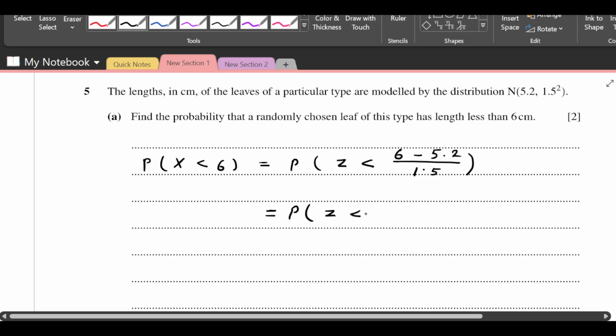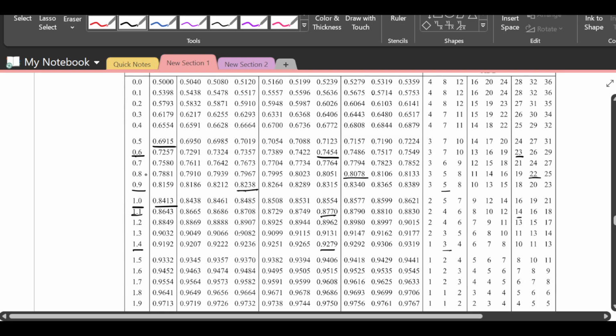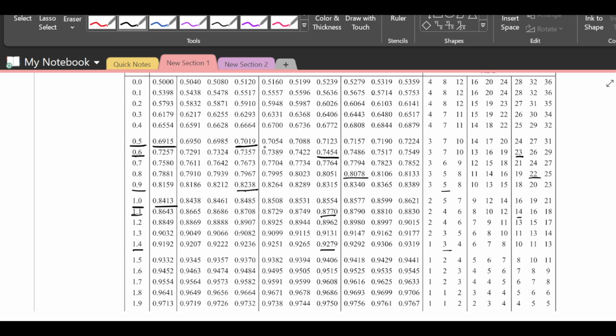It's 0.533. Okay, so this is equal to, now, 0.533. 0.53 is here and 3 is here. So 0.7029.